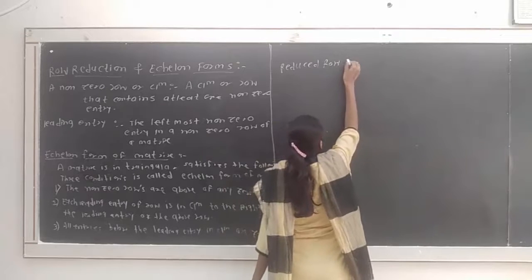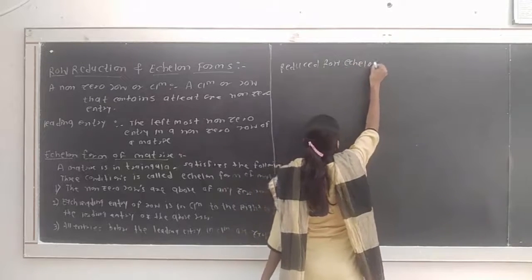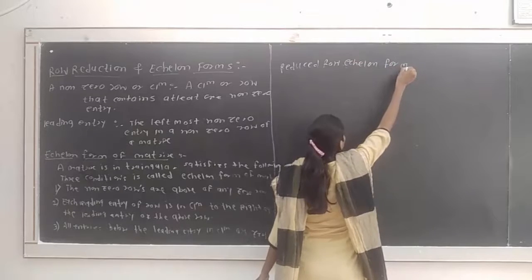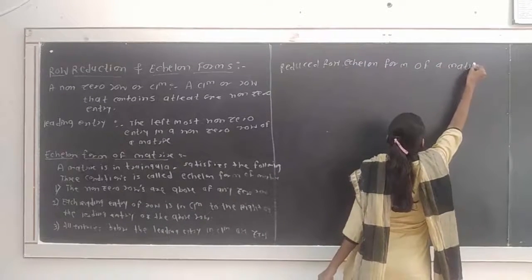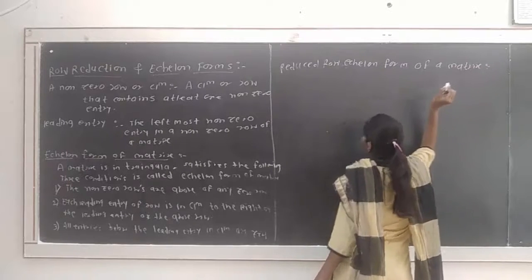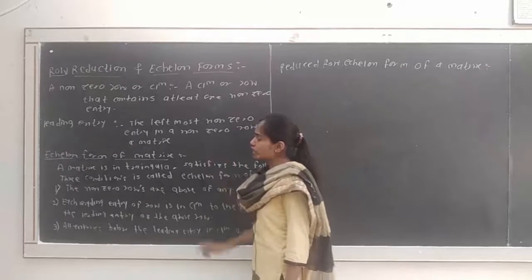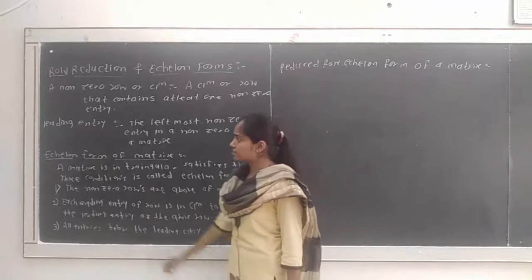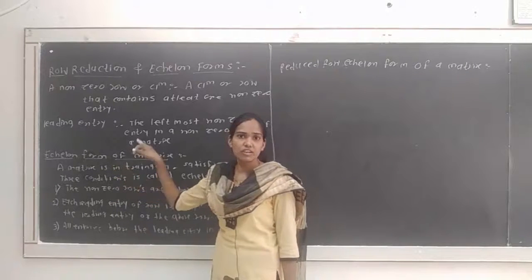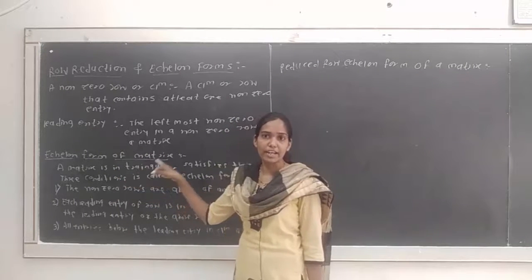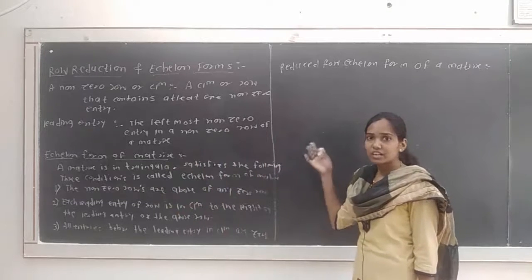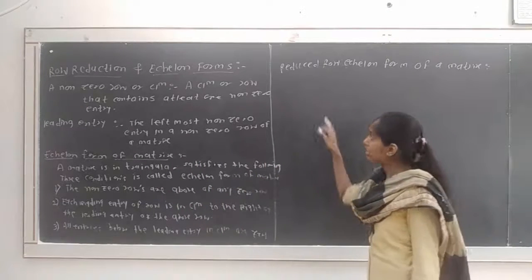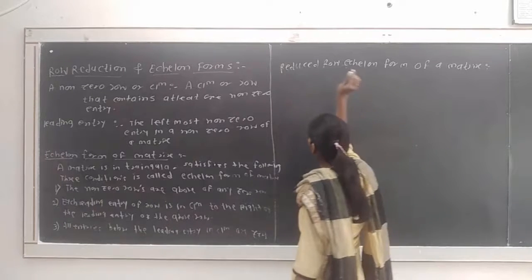Reduced row echelon form of a matrix means the given matrix is first in echelon form, and if the echelon form of a matrix satisfies another two conditions, then we say that the given matrix is in reduced row echelon form.